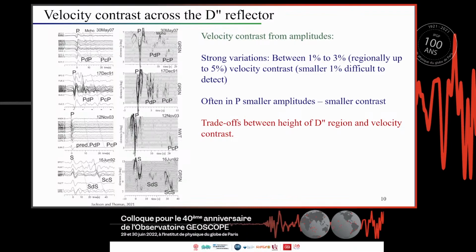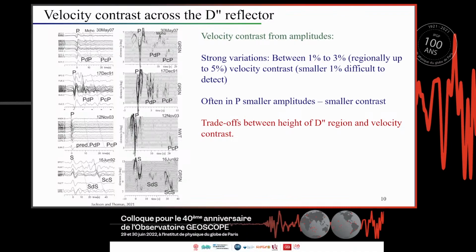And then at the bottom I've shown an SdS wave as well, so an S wave reflection. If we interpret this amplitude as a velocity contrast, then we usually find something between 1% and 3%, but regionally there's some evidence for about 5% velocity contrast across the D-double-prime reflector.